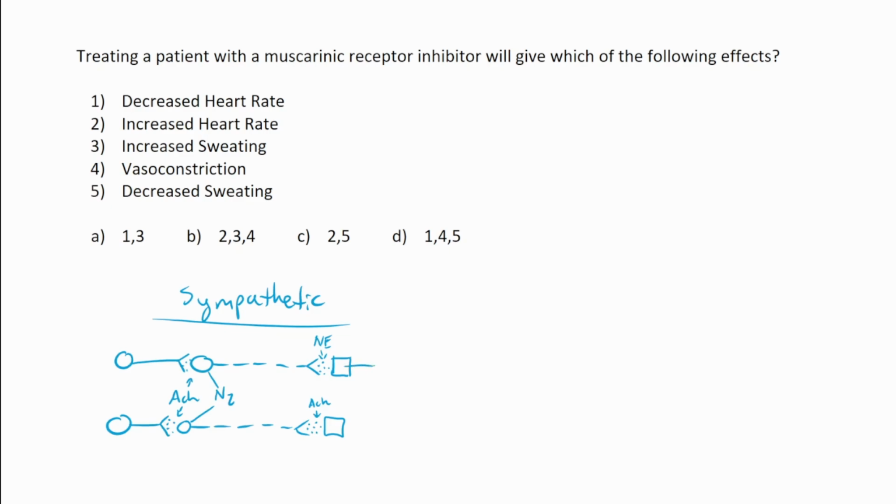it's going to affect 3 kinds of tissues. We've got smooth muscle, various glands, and cardiac muscle.